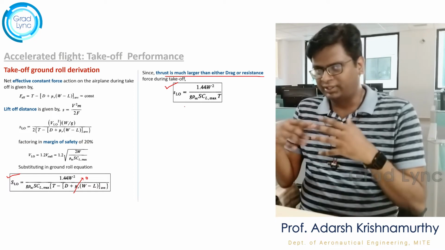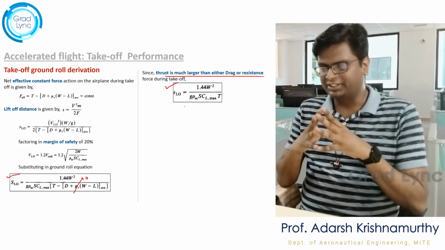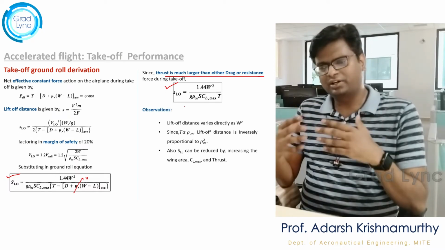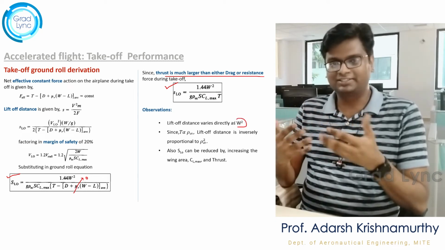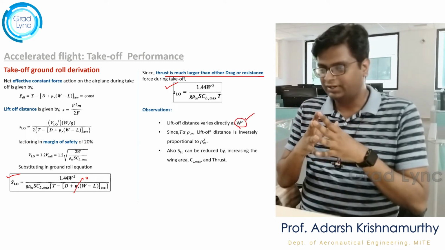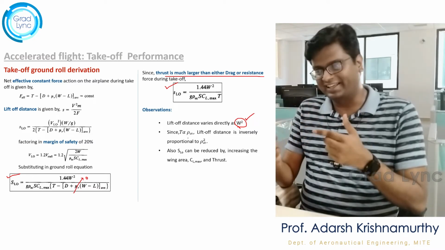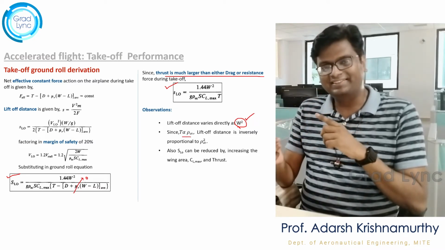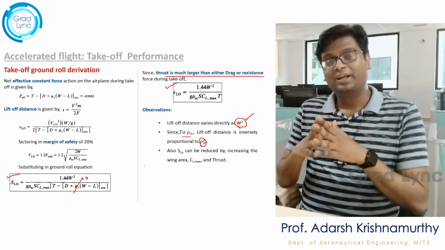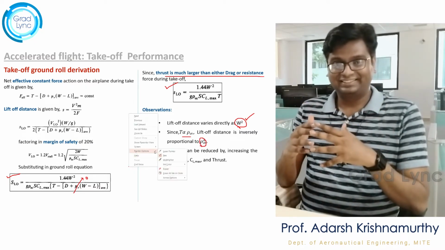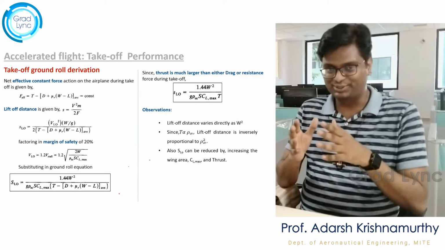Clear? So let's do a few observations. The first observation is that the takeoff distance varies directly as W square, that is the square of weight, right? And since thrust depends on density and density is inversely proportional to the takeoff distance, as density increases, the takeoff distance reduces.